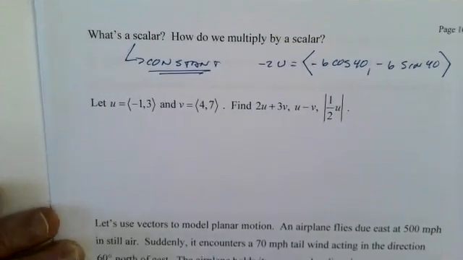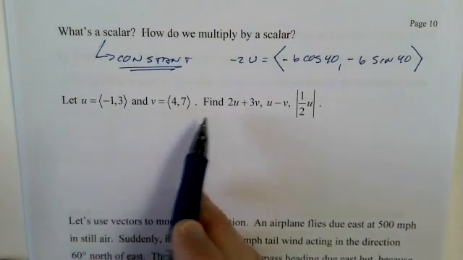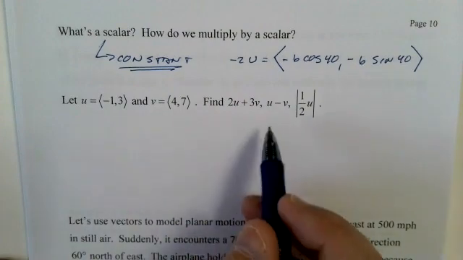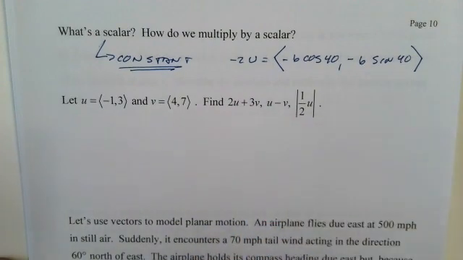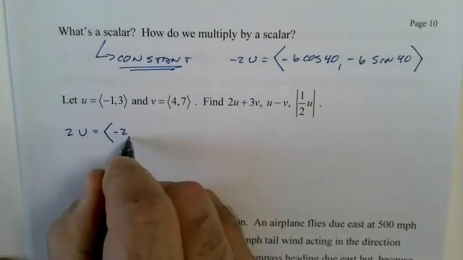Now we just get back into kind of physics. This is the u vector, that's the v vector. Find 2u plus 3v, u minus v, and the absolute value, whatever. 2u equals -2, 6.